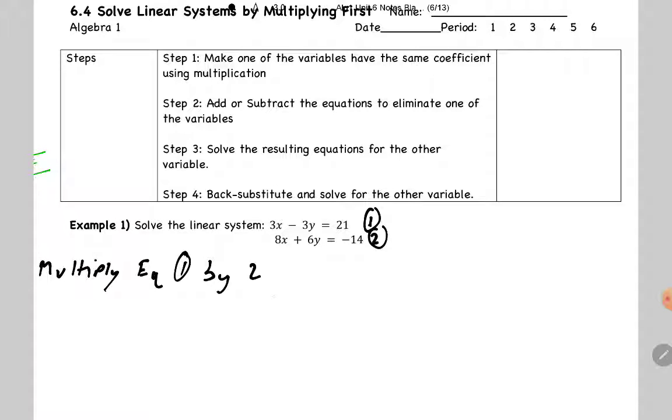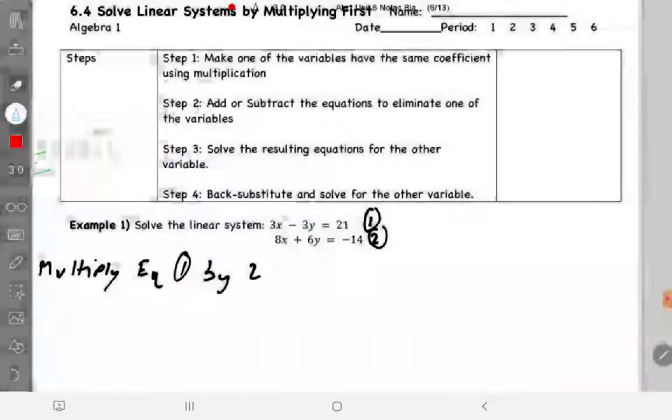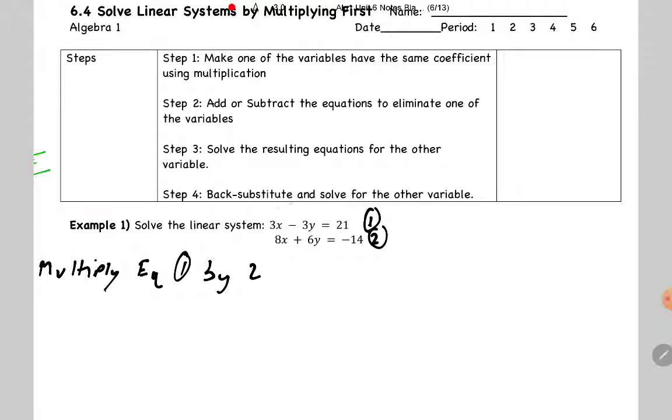So what I'm doing is I'm taking equation 1 and I'm multiplying by 2. So this will become, let's go down here, 6x minus 6y equals 21.